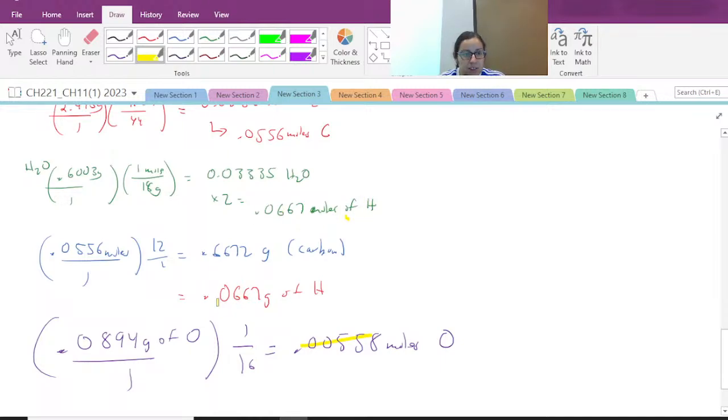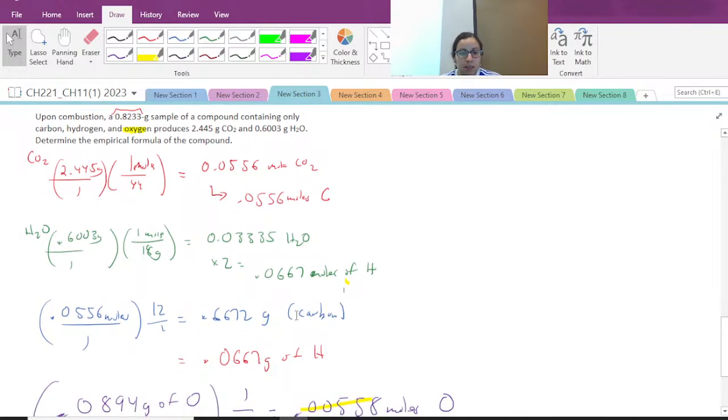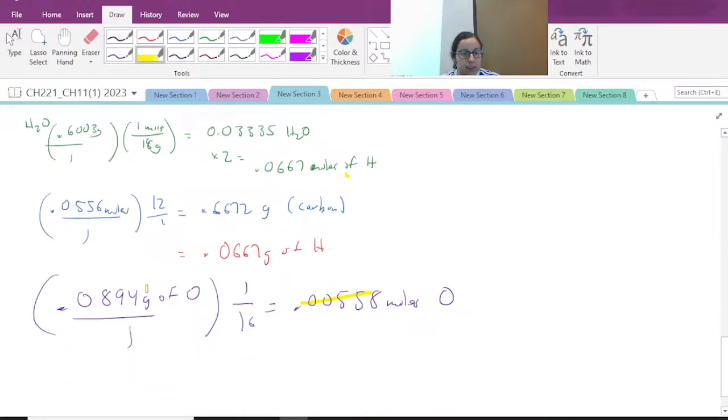So that gave us 0.0667 grams of hydrogen roughly. Then we added these together and subtracted that from our original sample mass. And that's how we got the 0.0894 grams of oxygen. And then, of course, that gives us moles of oxygen.